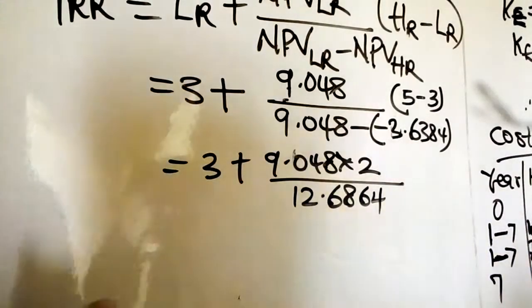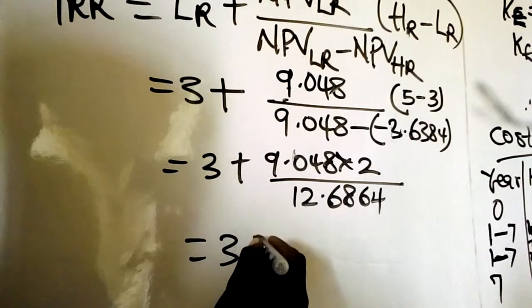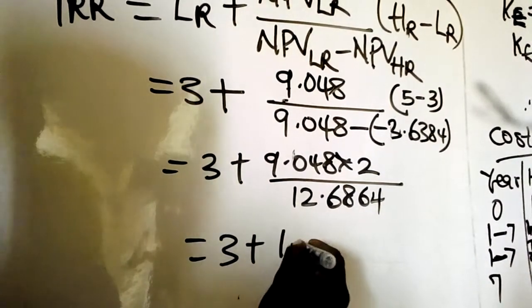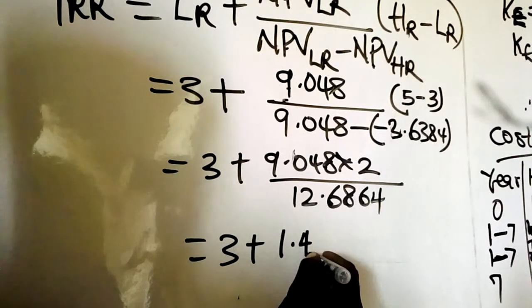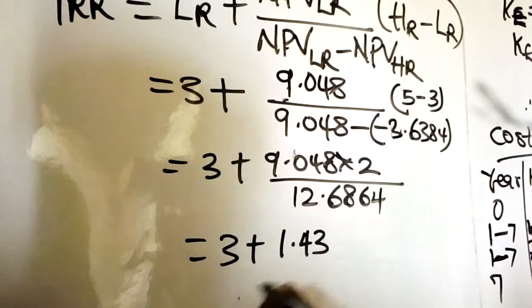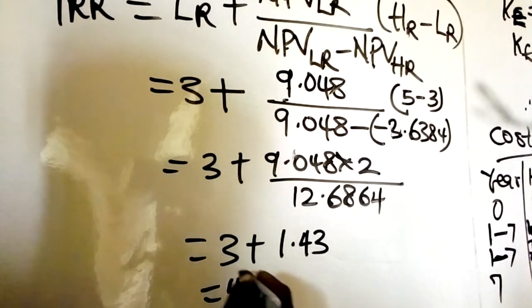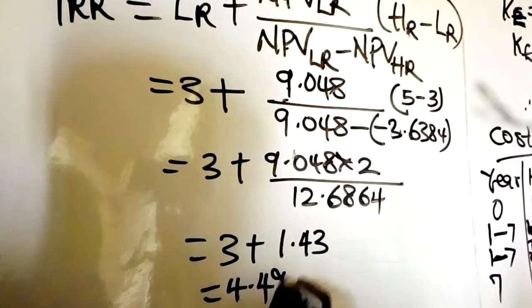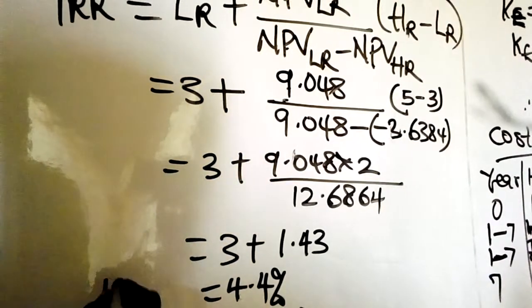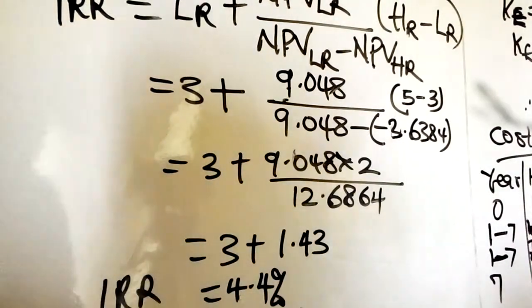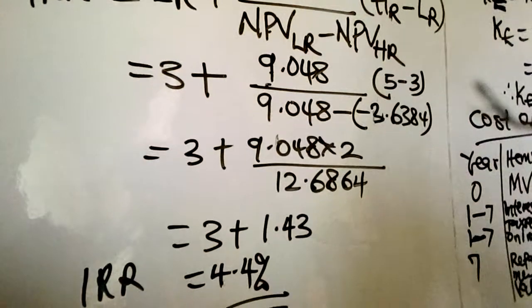Then this is 3 plus this, which gives us 1.43. When you sum it up, you have 4.43 approximately. That is our IRR. We've got our internal rate of return.